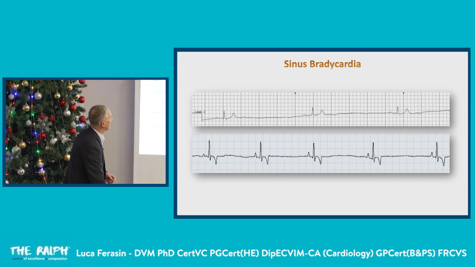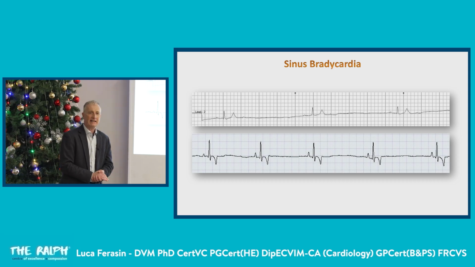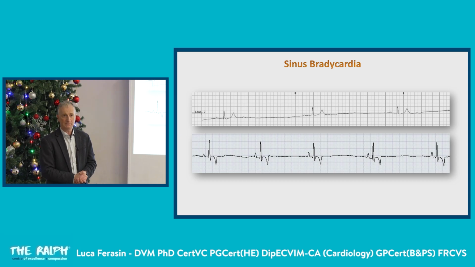Right, let's look at some forms of bradycardia. We start with sinus bradycardia, identical to a sinus rhythm, but slow. And slow, remember, we need to look at the situation, but it's not like a slow sinus arrhythmia. This is metronomically regular. So that's sinus bradycardia. Otherwise, it's sinus arrhythmia.